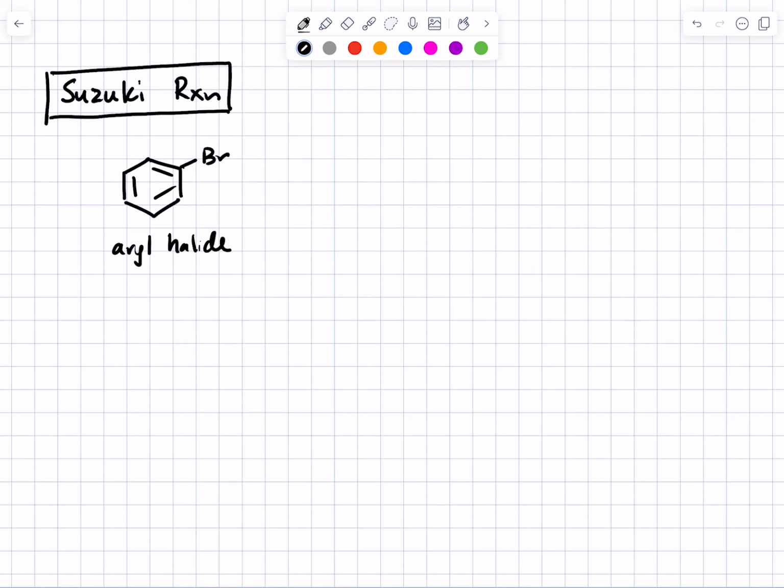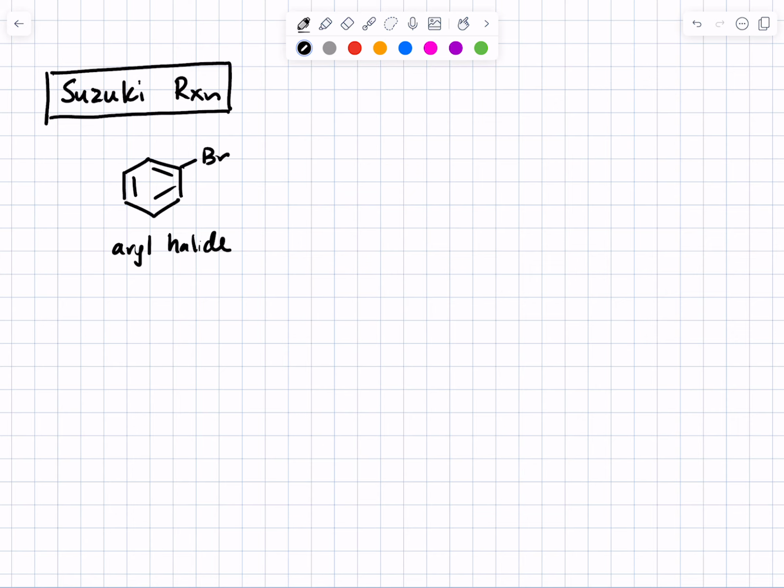When people talk about reactions like this, they'll often talk about substrate scope. That refers to the kinds of molecules that undergo this reaction.